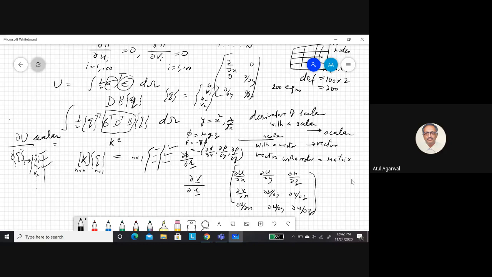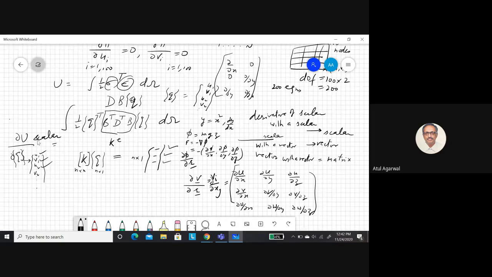So this you can write as vi comma del vi by del xj. So you see, this is I and j both can go from 1 to 3, and you are generating a matrix. Is it okay? Yes, sir. And I think I did it earlier also. Do you remember?